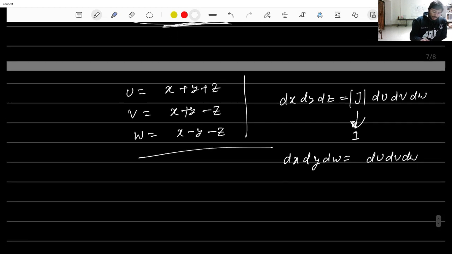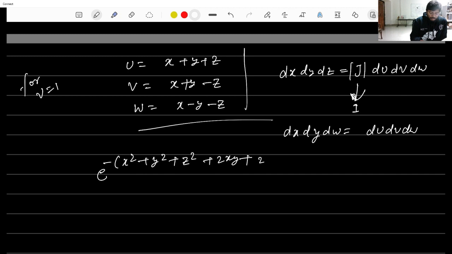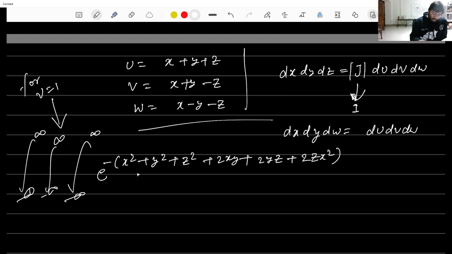In this way, the Gaussian integral for nu equals 1, e to the power minus (x square plus y square plus z square plus 2xy plus 2yz plus 2zx), becomes a perfect square in x, y, z variables.